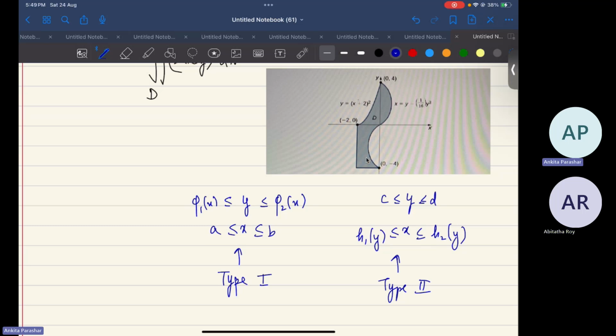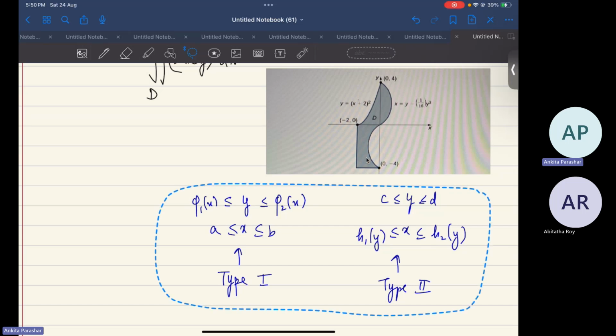First of all, is the whole graph a type 1, type 2? The complete graph. Just a minute. I think it can be represented as type 2.